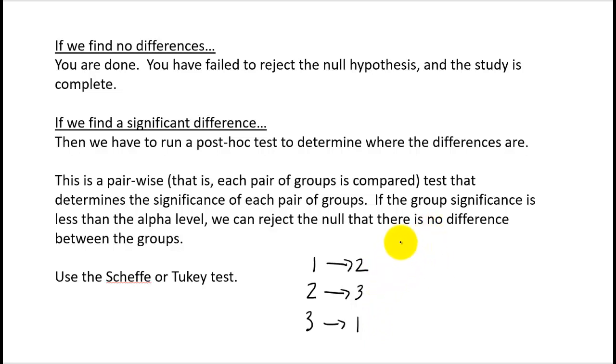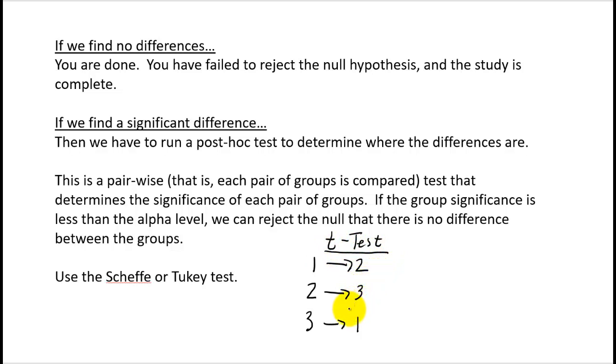What's interesting is that these are done using what equates to a t-test. So SPSS is going to run 3 simultaneous t-tests to find out if there are significant differences.